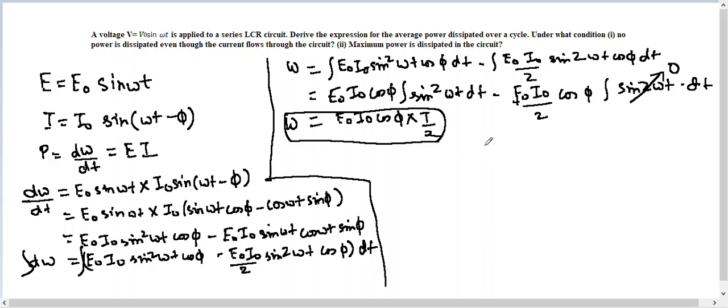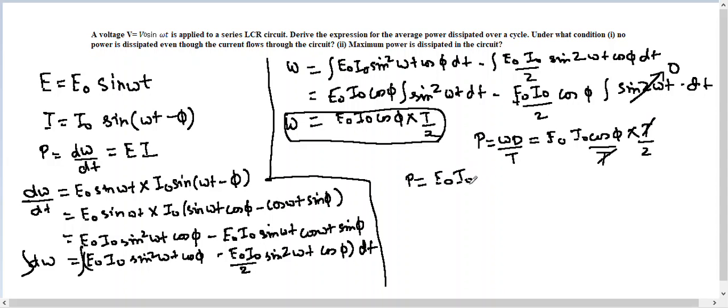However, we know that power is equal to work done upon time. Therefore, power is equal to E naught I naught cos phi into t by 2 divided by t. So power can be written as E naught I naught upon 2 into cos phi.